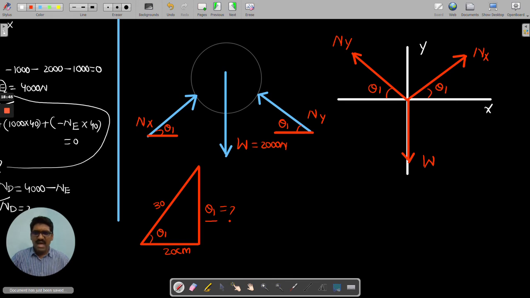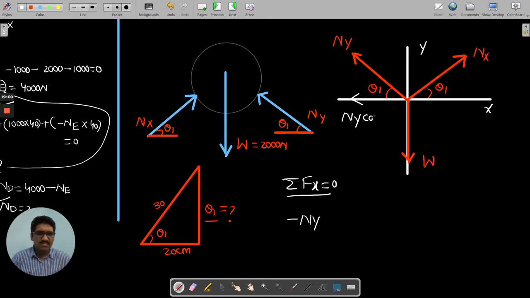Very simple. I am applying the equations of equilibrium, that is summation of Fx is equal to 0. Okay, so by writing we can have minus n suffix y, I am resolving, all of you know resolution very well. So ny cos theta 1. Next thing is ny sin theta 1. Next thing nx cos theta 1.